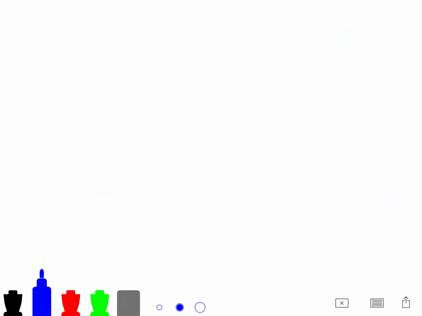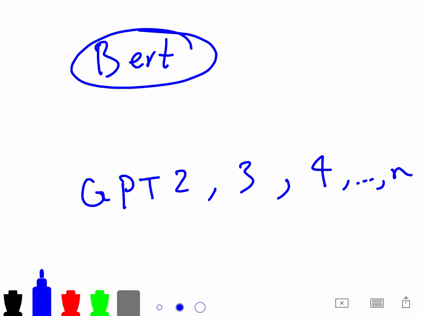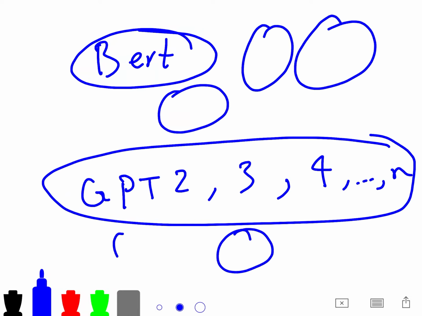And so you see that a kind of transformer is called BERT, or some other versions of transformers. Some people use it for GPT-2, now GPT-3 and 4 and N. And so new companies are using transformers for their own models.